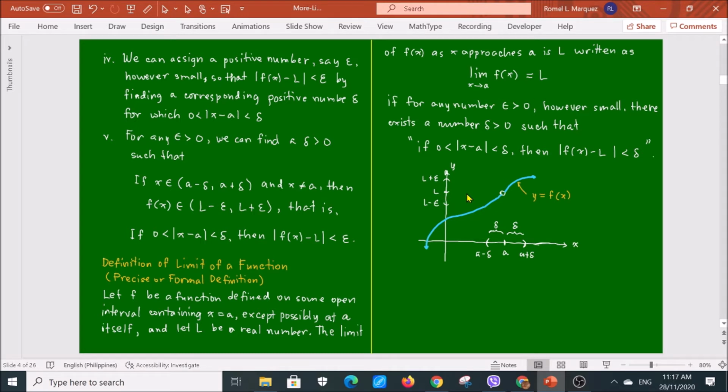So mathematically, that's the formal definition, and this is how we interpret it graphically. We are going to use this formal definition in proving whether the given limit is really such a limit, no?